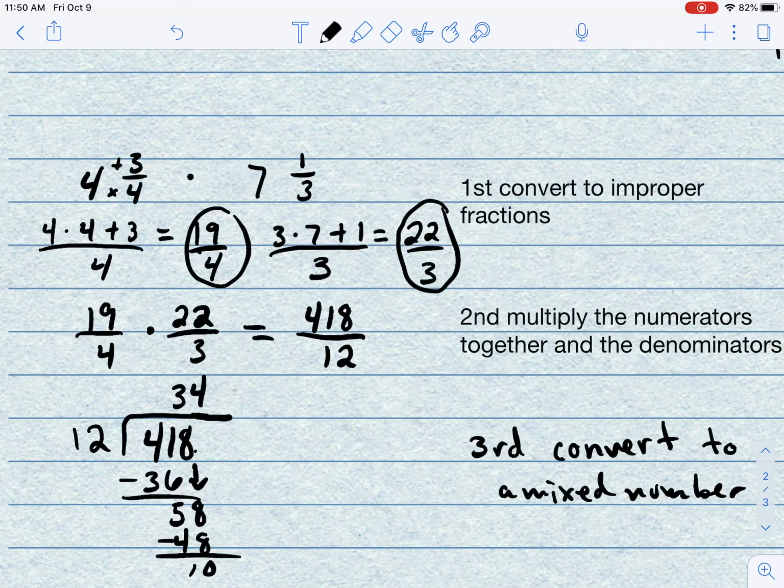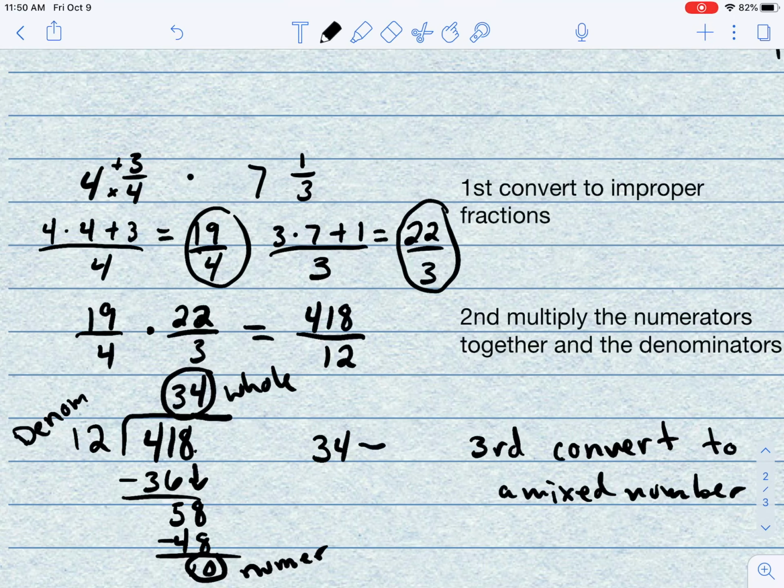Okay, this top number right here is always our whole number. The remainder down here is always our numerator. And then our denominator is always out in front. So we take this and put 34 in front.